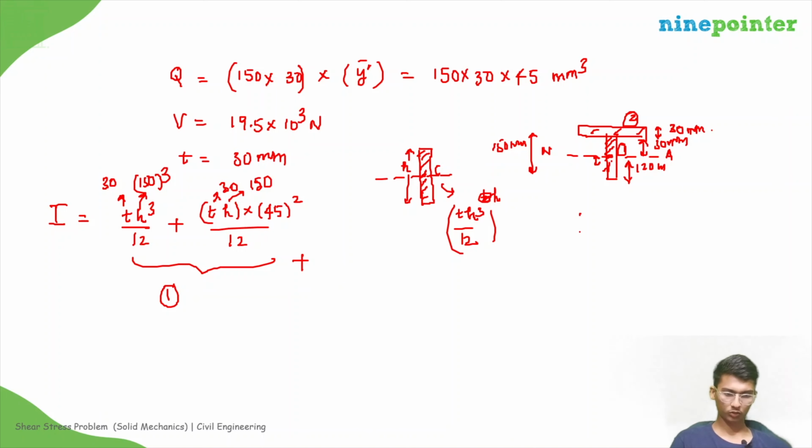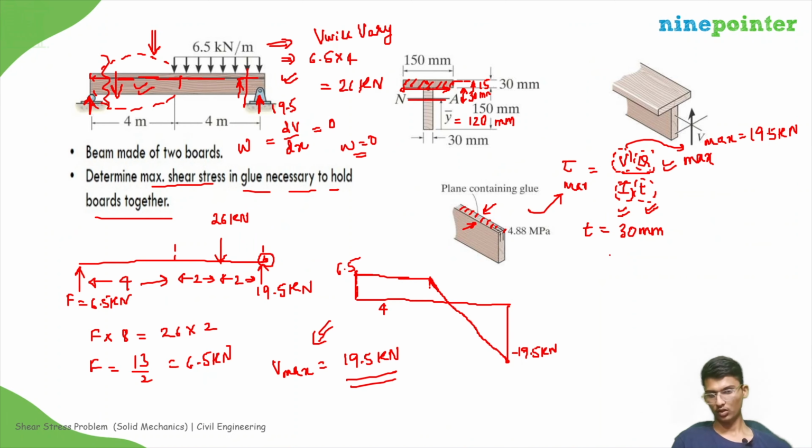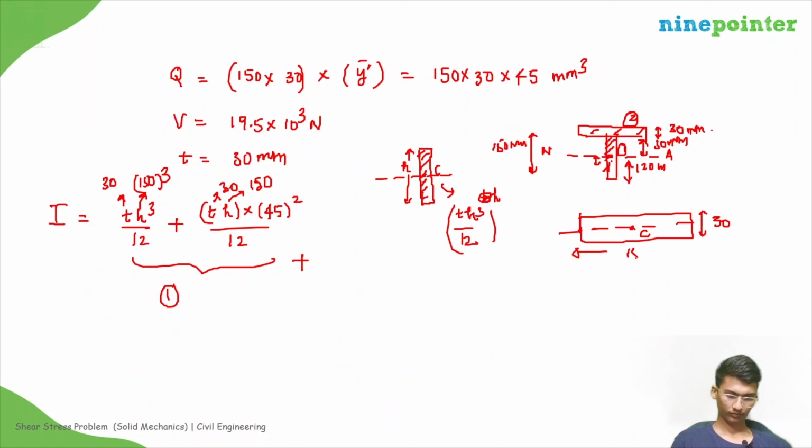For section 2, about the centroid, suppose this is 30 and this is given as 150. So about the centroid, I C will be 30 whole cube into 150 divided by 12. But we need to calculate about the neutral axis.